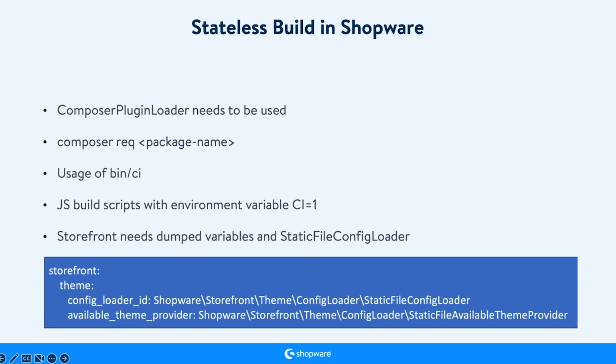Here you can also see some configuration that needs to be done, so that the config loader uses the static file config loader, and the available theme provider is also set as a static file.